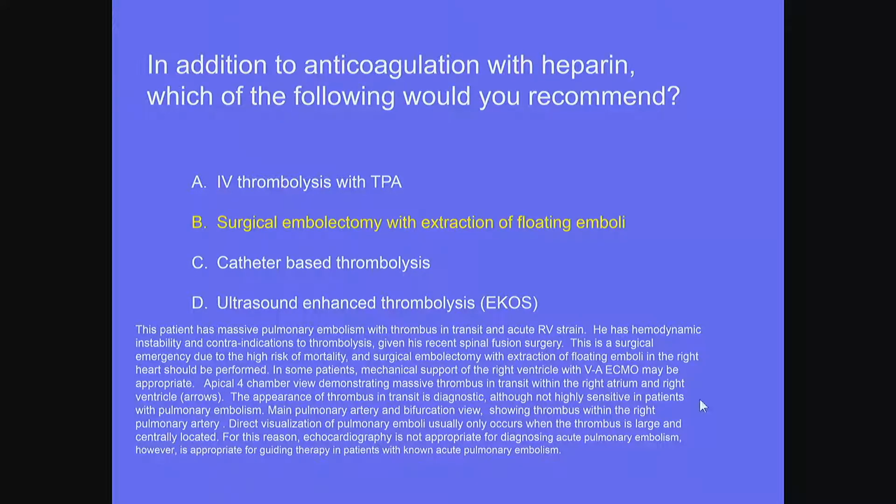Now, direct visualization of pulmonary emboli usually only occurs when the thrombus is large and centrally located. For this reason, echocardiography is not appropriate for diagnosing acute pulmonary embolism. However, it is appropriate for guiding therapy in patients with known acute pulmonary embolism.